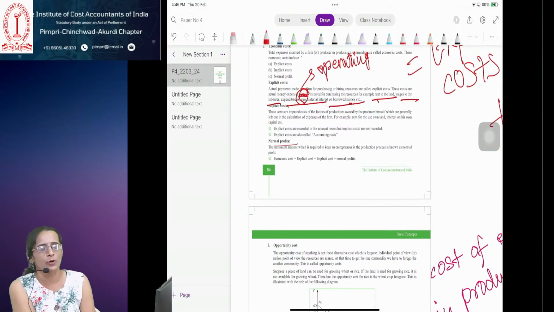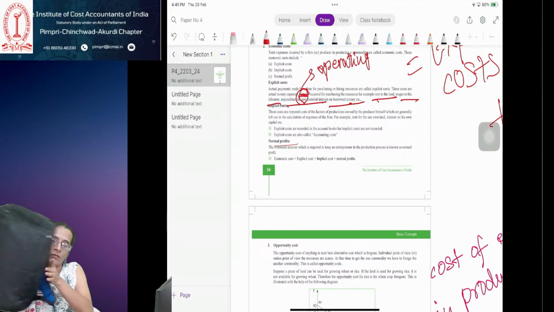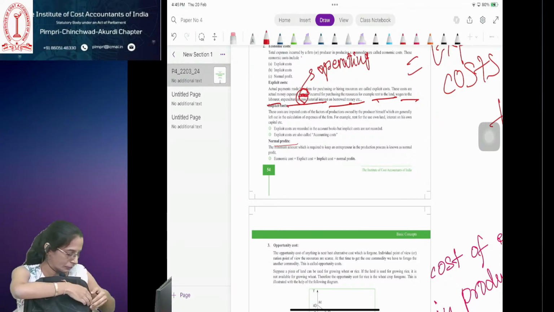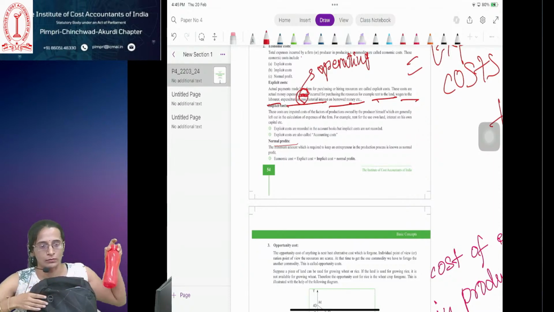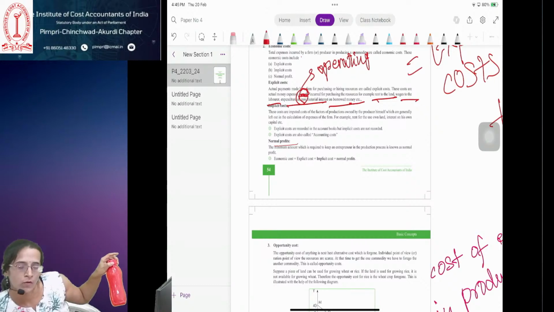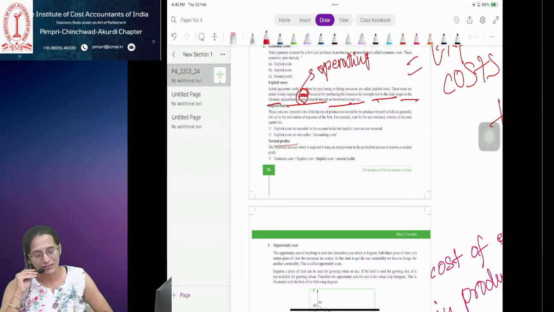What is normal profit? Abnormal profit? 2 minutes, guys. You are clear on implicit cost, explicit cost? For the business to survive, right?